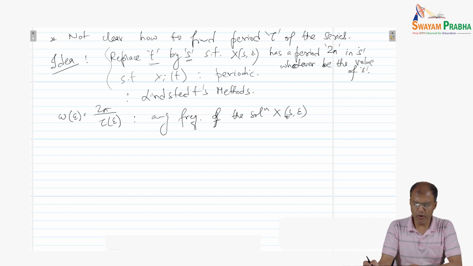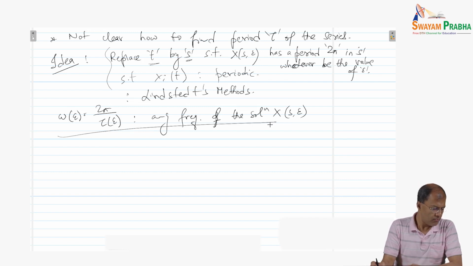And now I'm going to use this information and see what happens. So my new variable s is omega times t. So now I have to differentiate not with respect to t in my new equation, but with respect to s.